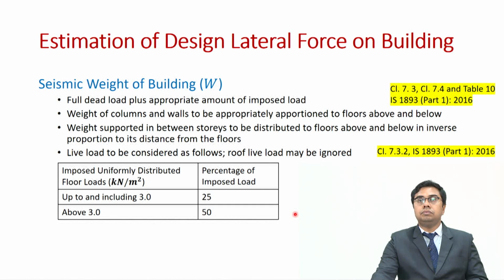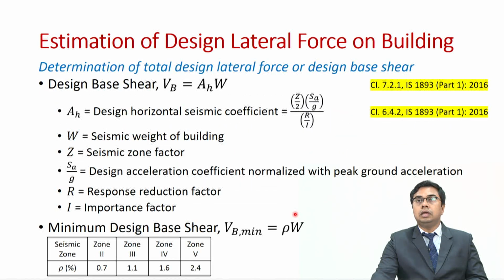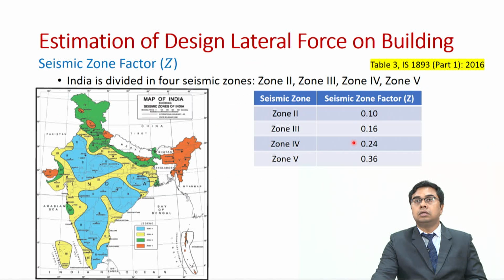So, once we have understanding of seismic weight of the building, now in this expression we have different terms in order to obtain the value of AH. So, let us understand about these terms one by one. So, first of all, we will look into seismic zone factor, which depends upon where you are going to construct the building.